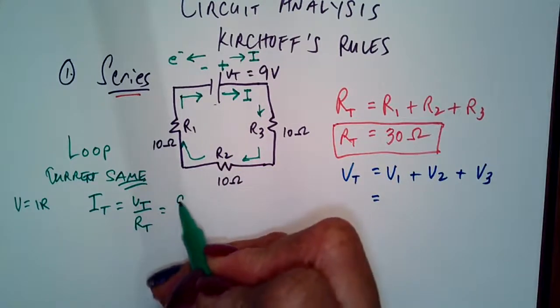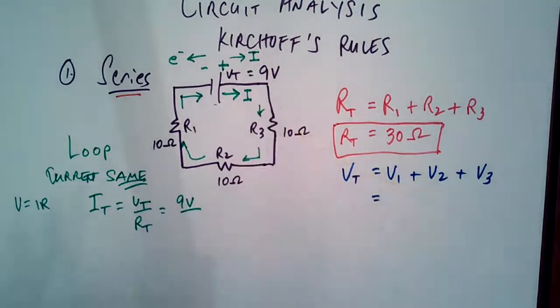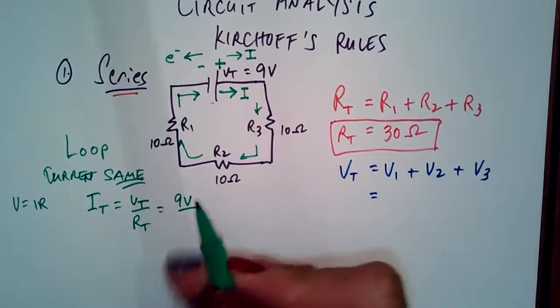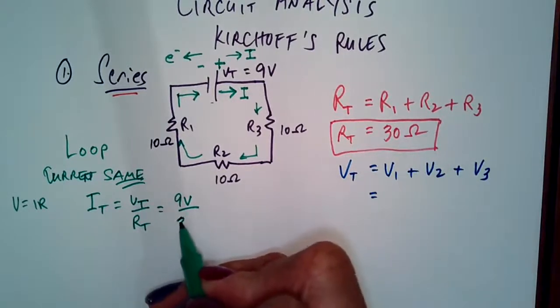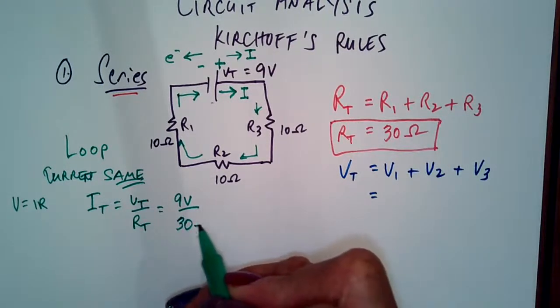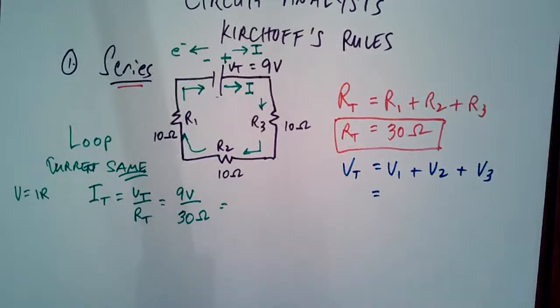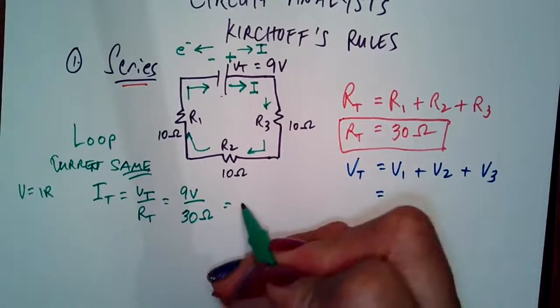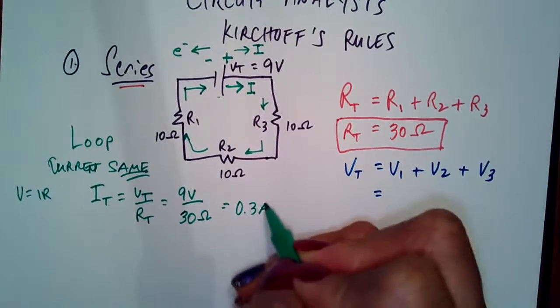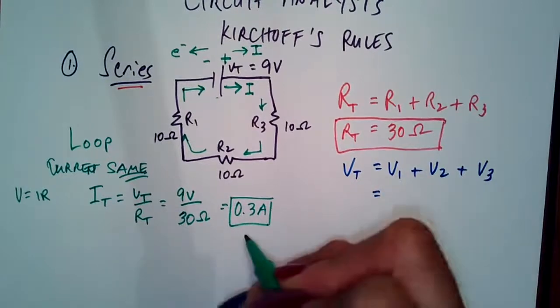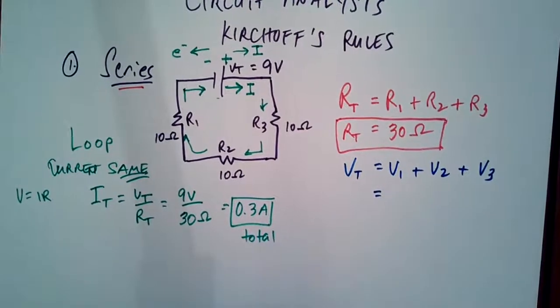Since we know that we have 9 volts of total voltage, that's given, and we have just calculated the resistance of the entire circuit to be 30 ohms, you have here 9 divided by 30, just double checking, is 0.3 amps of current.